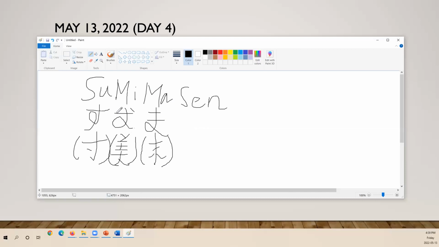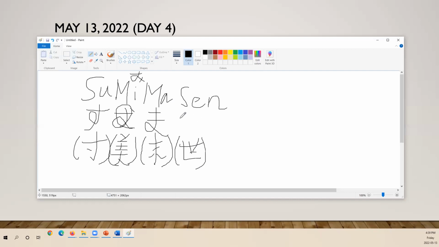Actually, I think this is not me. I think me is written as this. The dot is over here, not on the top. And then sen, the kanji that represents this sound is this.